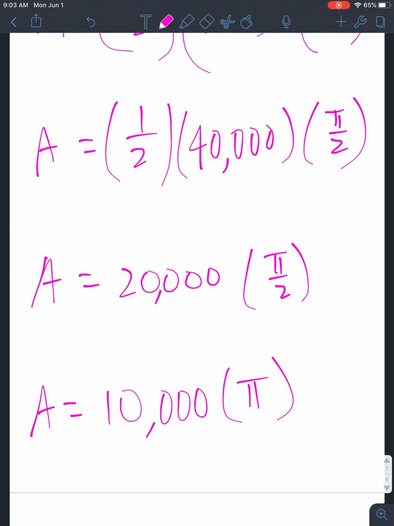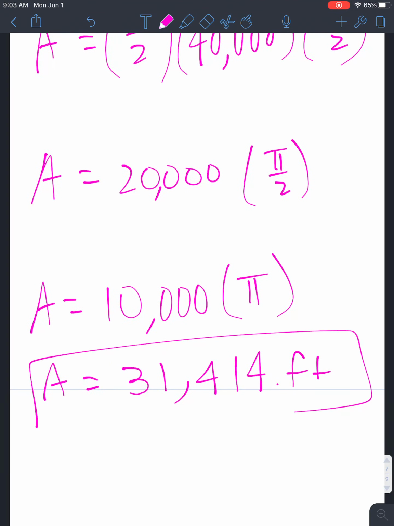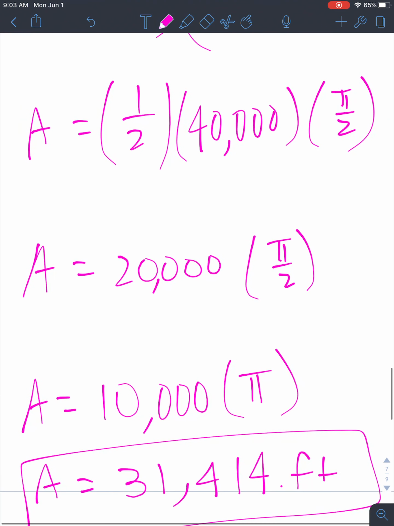And we're left with the total area of about 31,414 feet. So that's our total area. It's about 31,000, it's an estimate, because pi goes on forever. But that's what you get in terms of utilizing that formula.